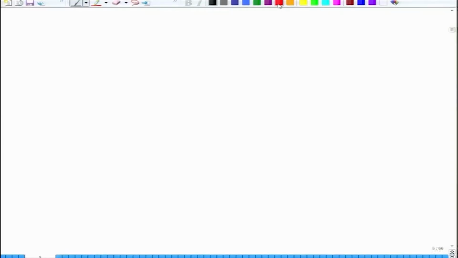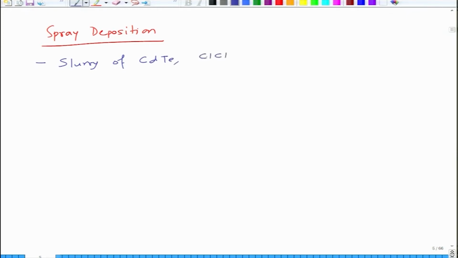The processing of CdTe can also be done by spray deposition. This spray deposition process uses basically a slurry of CdTe, CdCl2 and a carrier, and this carrier is typically propylene glycol.